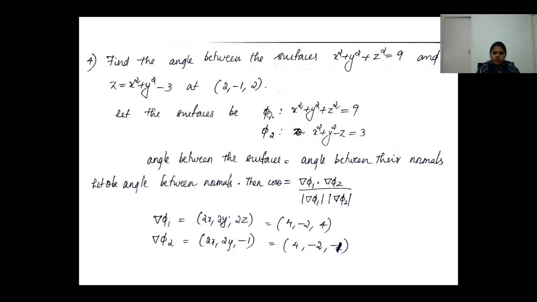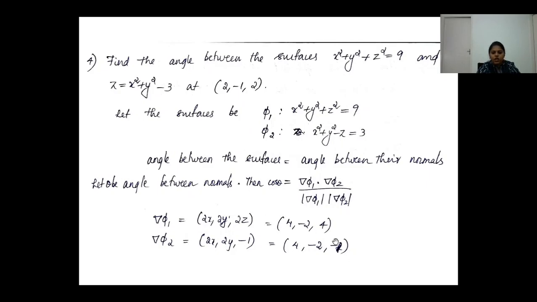So here I have taken phi 1, x square plus y square plus z square equal to 9, phi 2, x square plus y square minus z equal to 3. So the angle between them, if it is theta, then cos theta will be equal to this. Now find del phi 1 and del phi 2 and evaluate at the point 2, minus 1, 2.